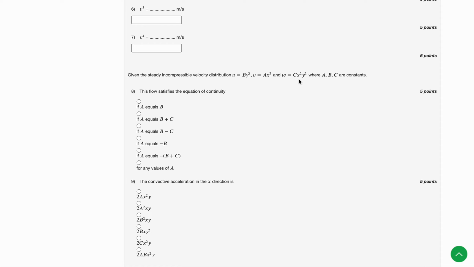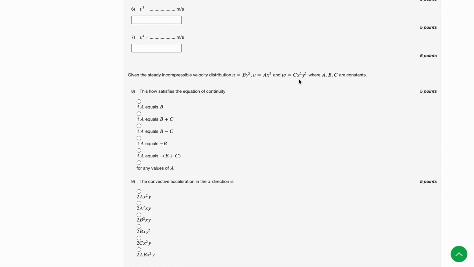So let's say you have a velocity field, where v in the Cartesian coordinate system is v equal to u i cap plus v j cap plus w k cap, in the Cartesian frame of reference.